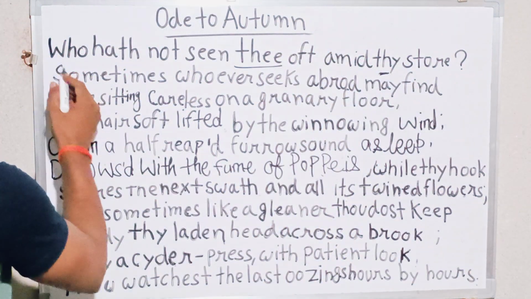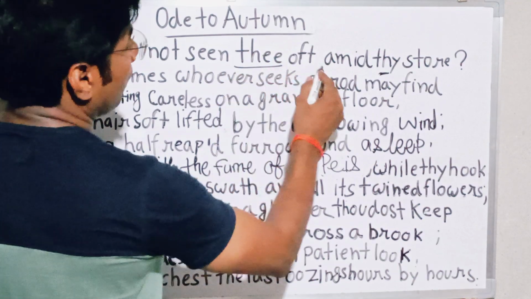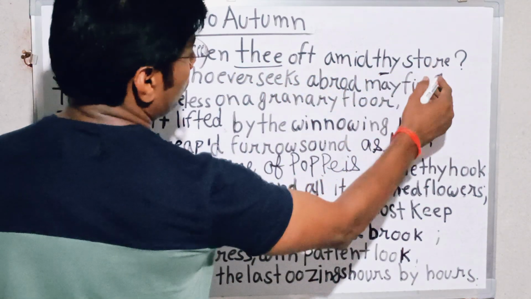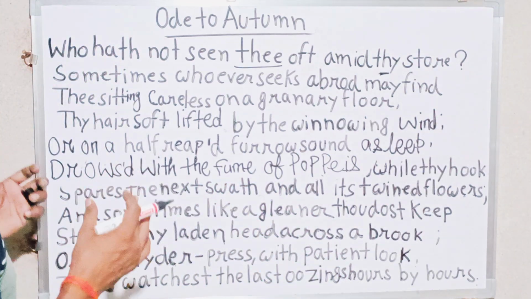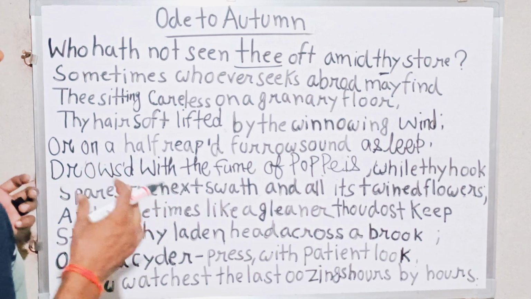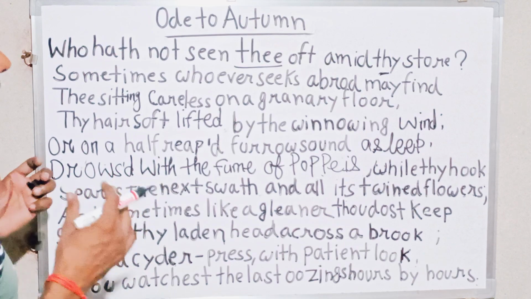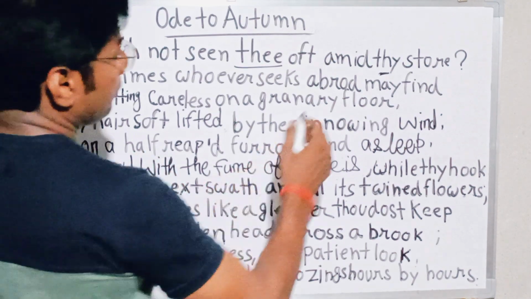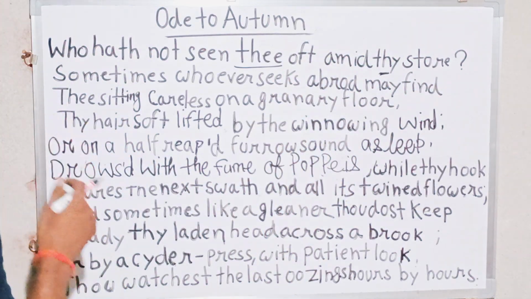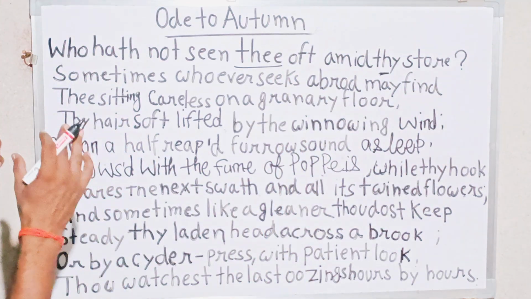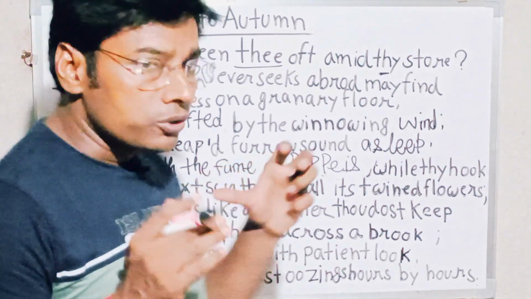So he says, who has not seen thee means you, oft means often, amid in the middle of, thy store means thy bounty. Store means the place where the different kinds of grains are collected. So here he is trying to visualize.